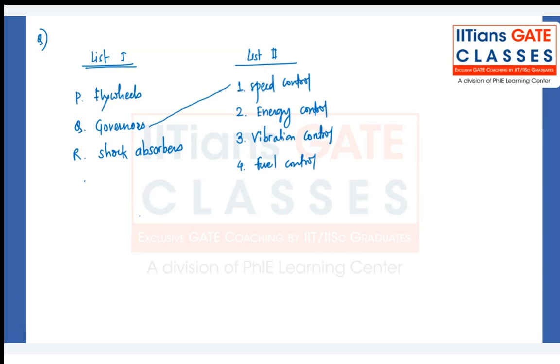Flywheels, you can say that, again, it will control the speed, right? But you can also say it as vibration control, to avoid the vibrations. The governor is to maintain the speed.